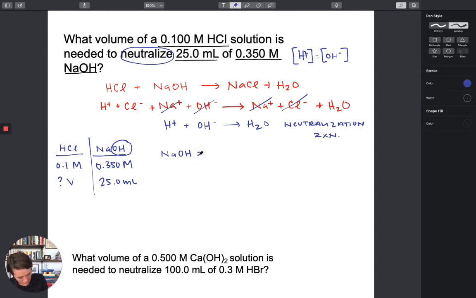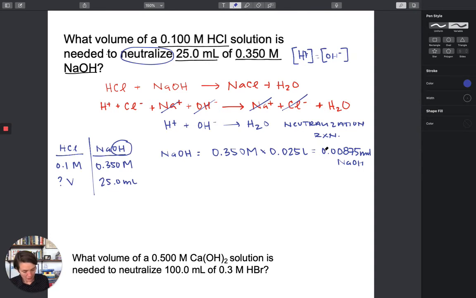So we have our molarity times our volume in liters, which is going to give us the number of moles of NaOH we have. And I got 0.00875 moles of sodium hydroxide.